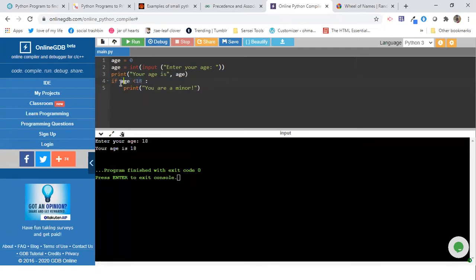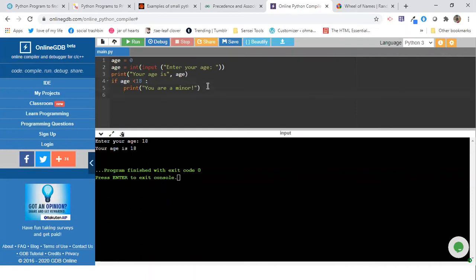So again, for conditions, it's usually relational operators. You either compare numbers or compare strings as long as it's relational or comparison operation. So this is your condition followed by a colon.